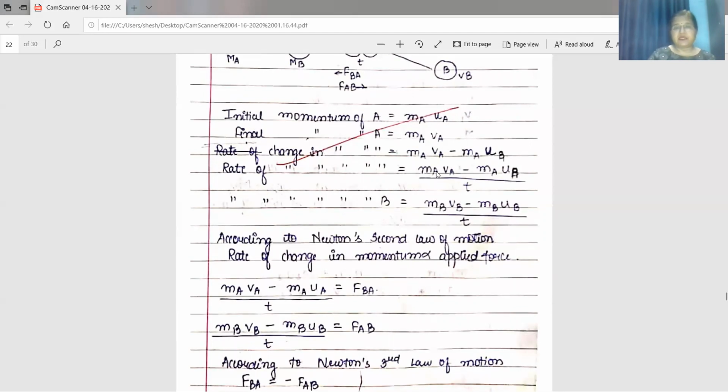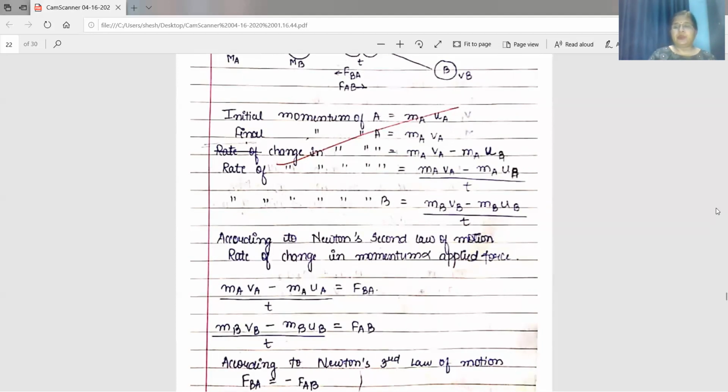So the rate of change in momentum of A is equal to the force applied on body A, which is FBA. Similarly, (mB vB minus mB uB) by t, the rate of change of momentum of B, will be equal to the force applied on body B, that is FAB, right?